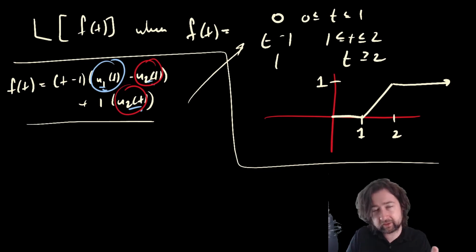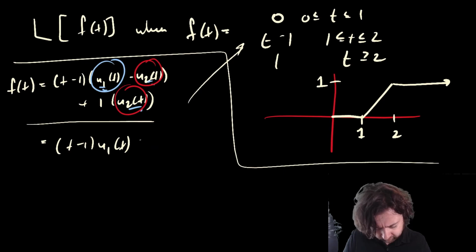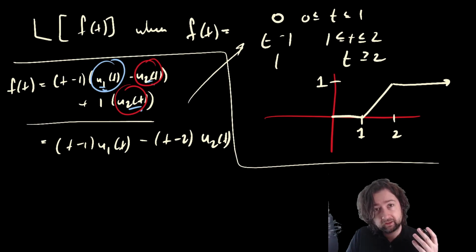Now, it's convenient to algebraically rewrite this, and so we'll do so. If you rewrite this formula, I think you get t minus 1 times u1 of t minus t minus 2 times u2 of t. That's just multiplying out, rearranging, factoring, you get this. Okay, algebra. Now we can take a Laplace transform, because both of these functions fit into the form of the second shifting theorem.